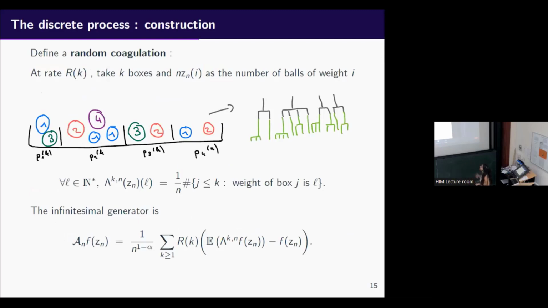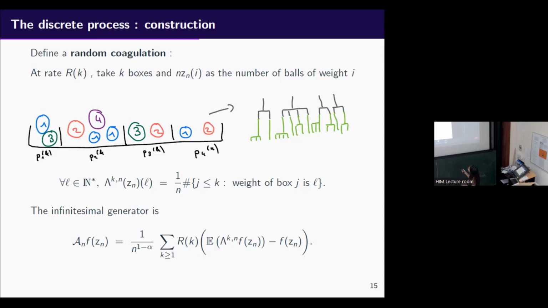And we can construct this process in the following way. What will happen is that each lineage, each block of the coalescent of a certain size, is like a ball that has a certain number, and in the same way as we do our Kingman paintbox construction, we are going to assign balls to urns or intervals of size P1, P2, etc. Okay, so this defines a sort of coagulation operator lambda k of n.